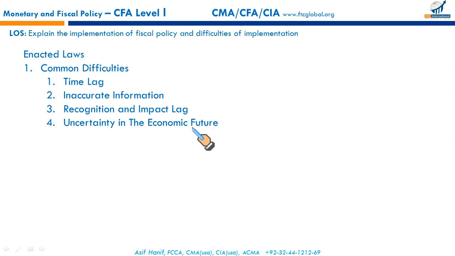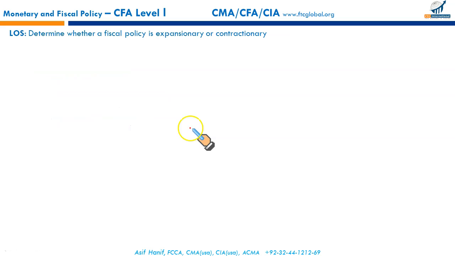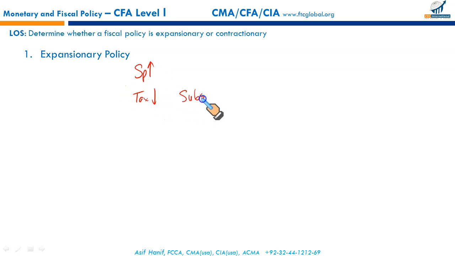Then we have the next LOS, and it says determine whether a fiscal policy is expansionary or contractionary. Previously it was monetary, expansionary and contractionary. So a fiscal policy is expansionary if it is intended to spur economic activity and growth through deficit spending, through tax cuts, or by providing subsidies.